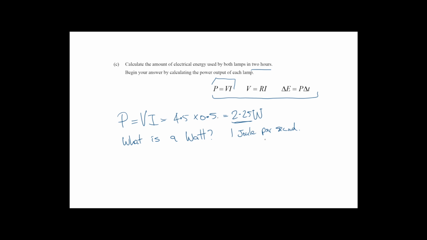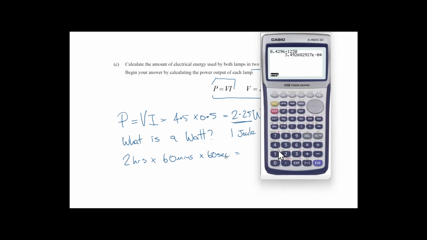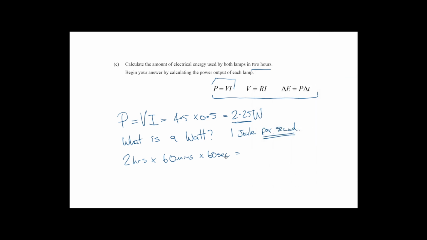So to work out the total energy from one of the lamps, we're going to need to multiply this by the number of seconds in 2 hours. Well, 2 hours times 60 minutes times 60 seconds, because remember it's joules per second, we get some number. And we can grab the calculator. 2 times 60 times 60 is 7,200 seconds.